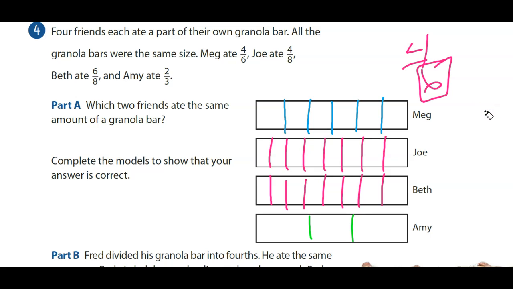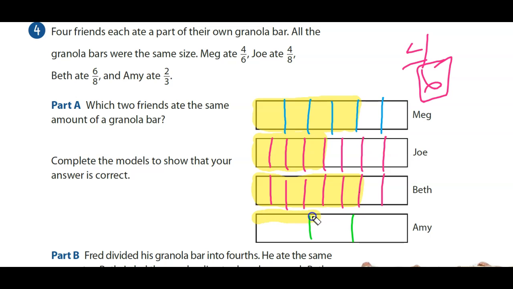Meg ate 4/6. So I need to color in how many? 4 of them. Joe ate 4/8. I need to color in 4. Beth ate 6/8. I need to color 6. And Amy ate 2/3.